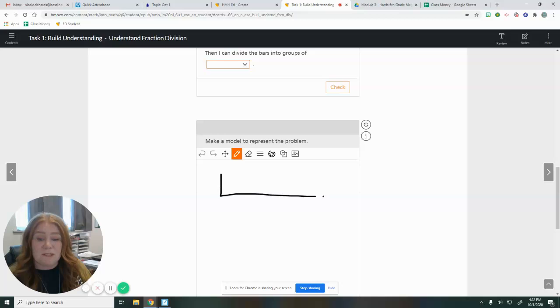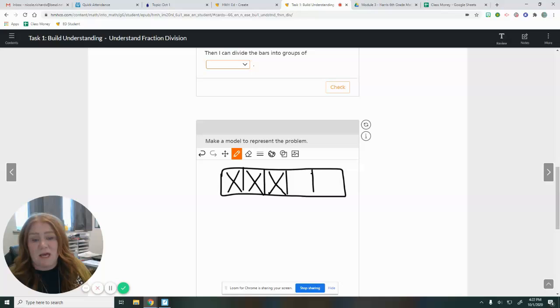So we want to start with our bar that we're cutting into fifths. So 1, 2, 3, 4. Here's my 5th one. And I'm going to shade in 1, 2, 3, 4 of them.